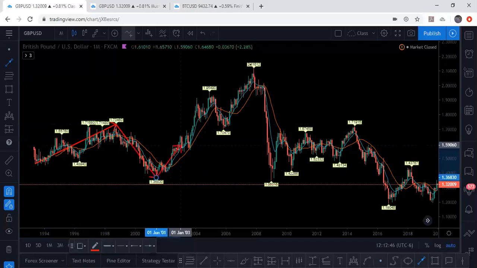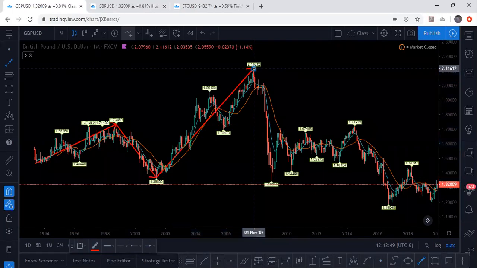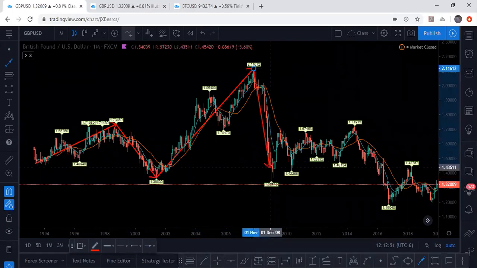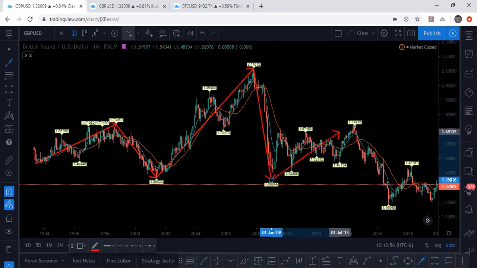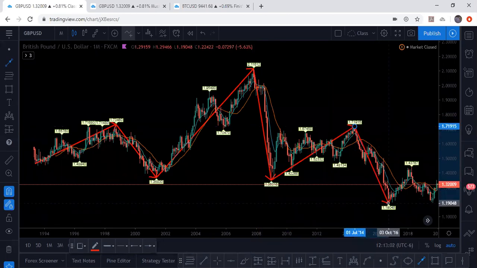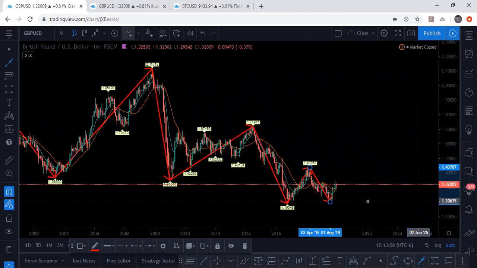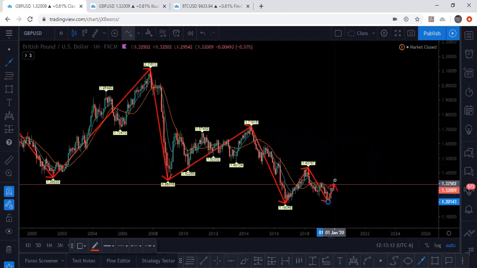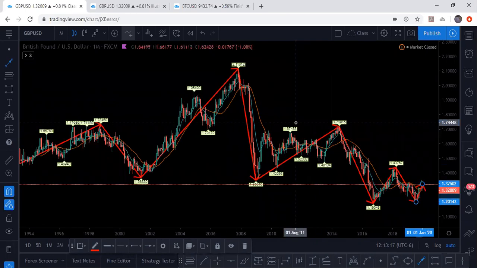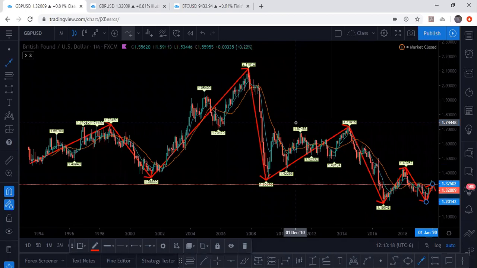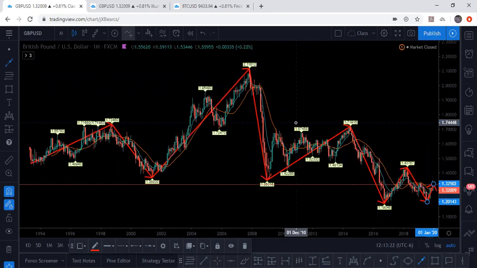From here, came here. From here, came down here, right? From here, came up here, down here, up here, down here now, and then it's somewhere here. So far, can we see this? If we can, drop a message.